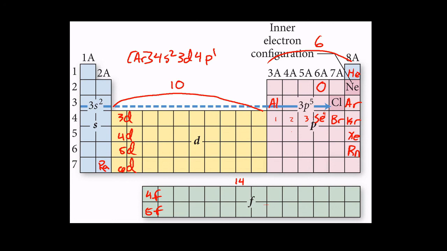There. So neon was the last one. After neon, you pick up at the 3s, because it's on the third period. So we'd have 3s2. We skip over here, because there's no d's in the middle there. We go straight to the 3p, and it is the very first element on the 3p block, and so it's going to be 3p1.